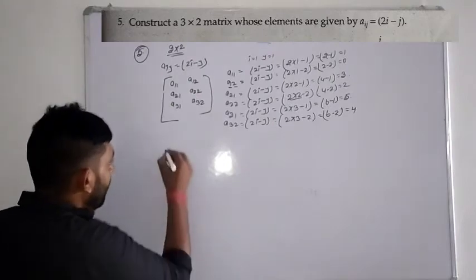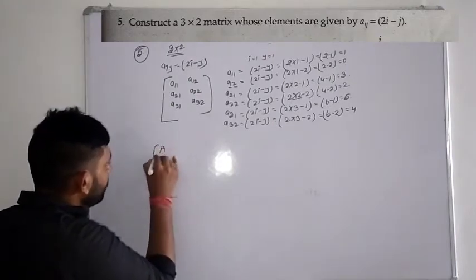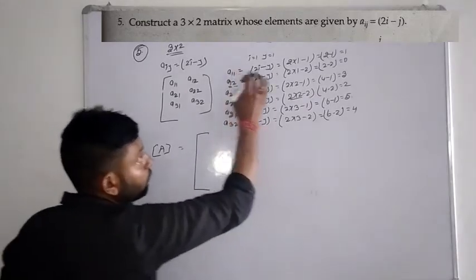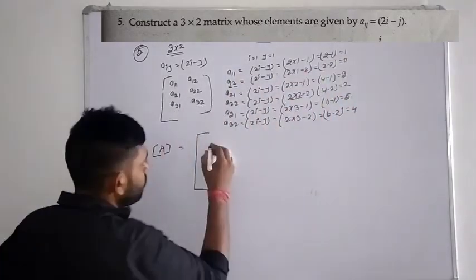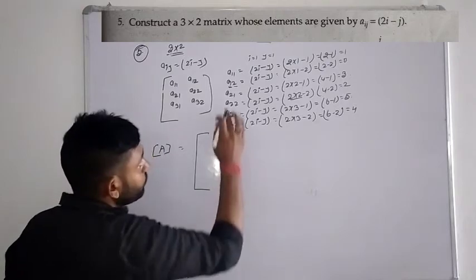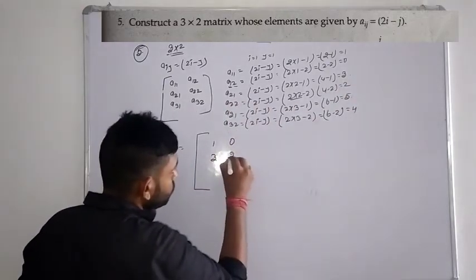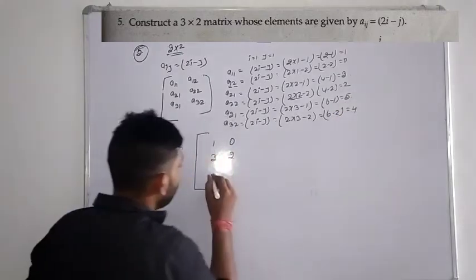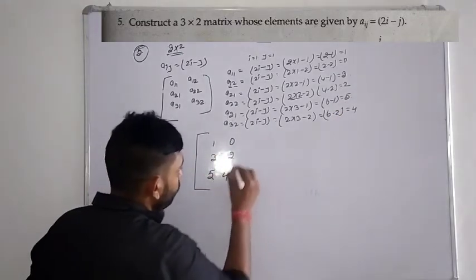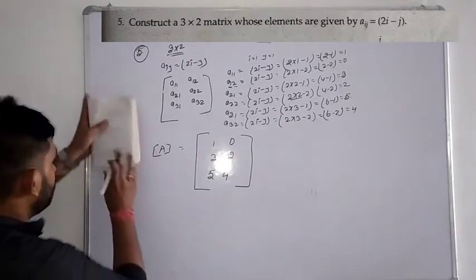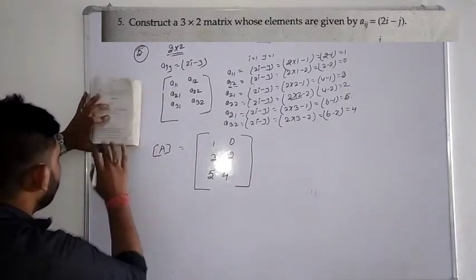So the matrix A is equal to 1, 0, 3, 2, 5, 4. That's all.